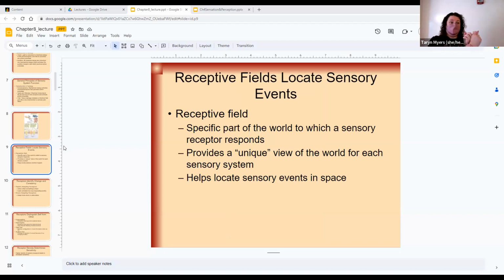We need to know, where is the bear? How fast do I run? What kind of bear is it? Because some bears you're supposed to make yourself big, and some bears you're supposed to lay down, and other bears you're supposed to try to outrun everyone else in your group because that's all you can do, right? Or is it a bear on TV, right? And so that becomes really important, is where in space these are.